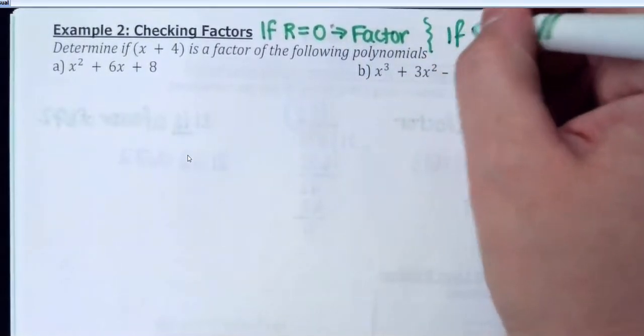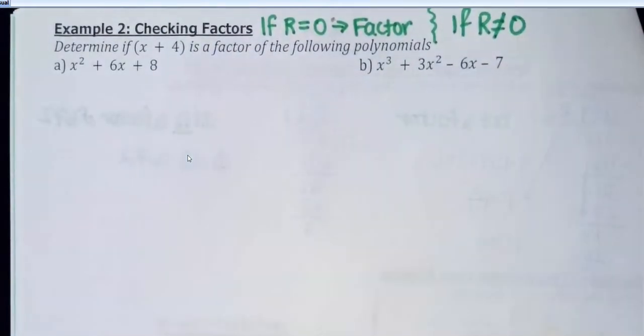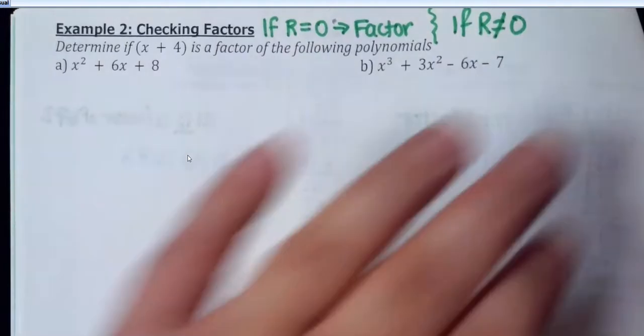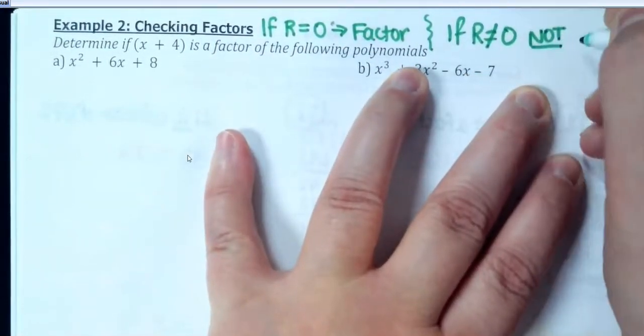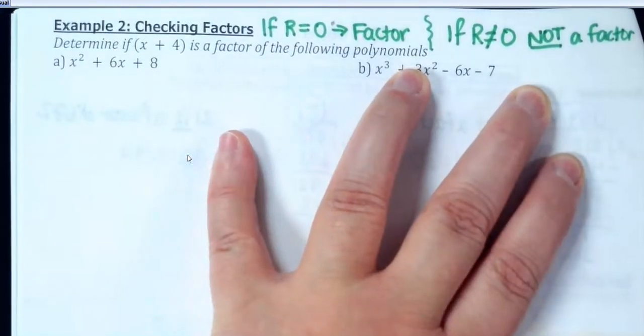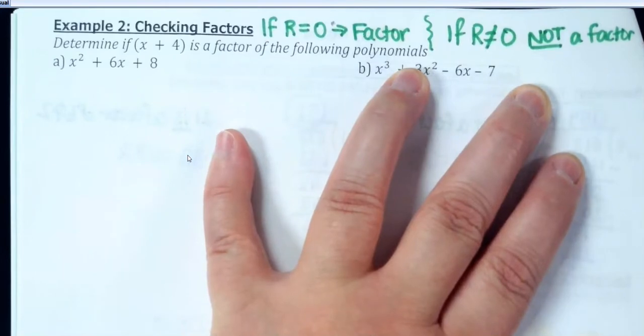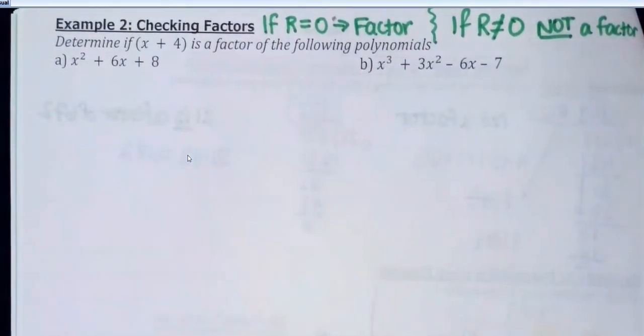If your remainder is anything that is not 0, so if it's a number, it could be an expression, it could be anything, you are not a factor because it doesn't divide in evenly if it has a remainder. If it is 0, then it is a factor. That means it divides in evenly.